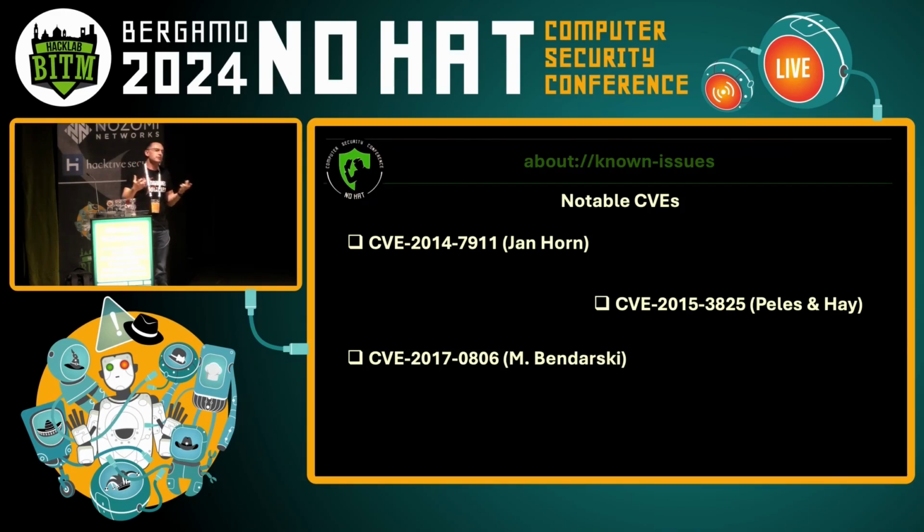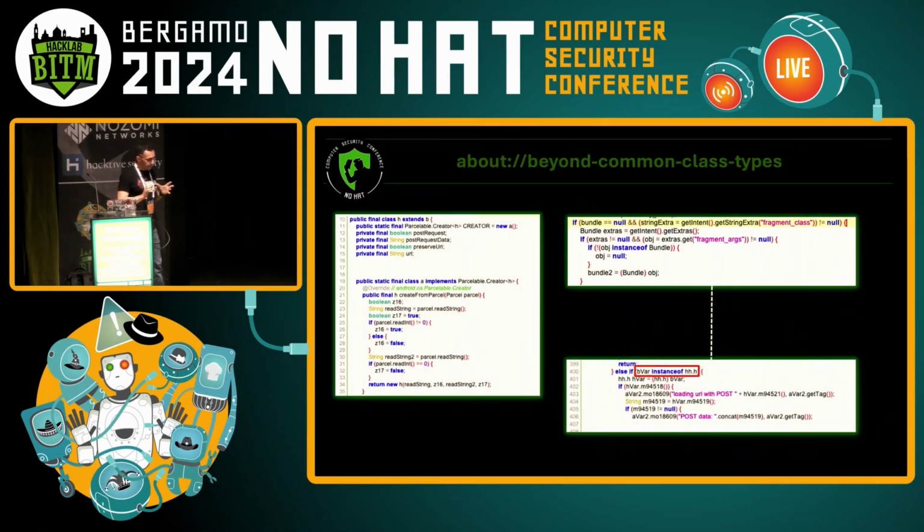Simply said, he was able to use the startActivity method with system privileges, which allowed him to trigger any kind of component activity, even if those activities were not exported. Again, in 2021, Mikhail used a similar vulnerability, and this time he managed to get arbitrary code execution with system privileges.